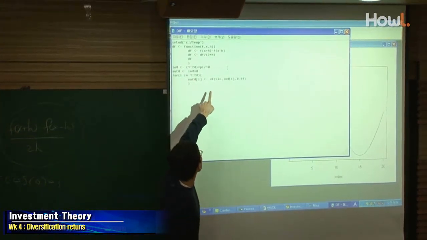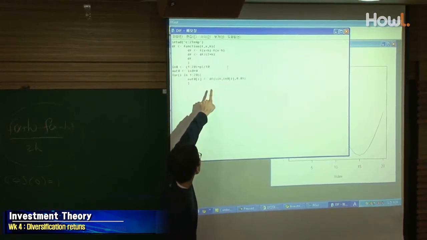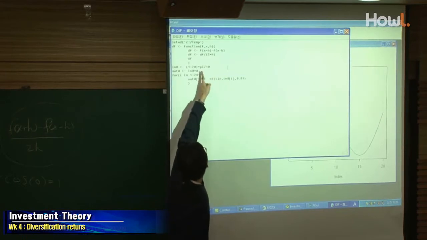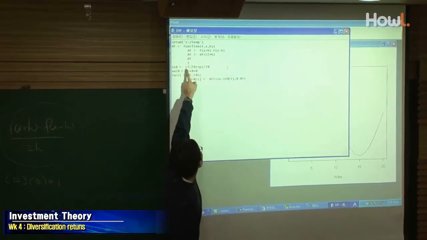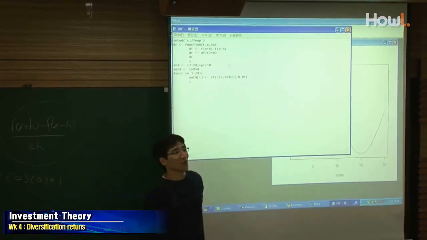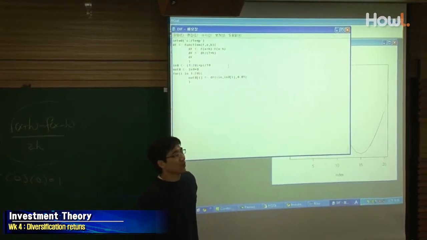This new value is the numerical differentiation of the sine function at the input point i, with approximation on the neighborhood of 0.01.